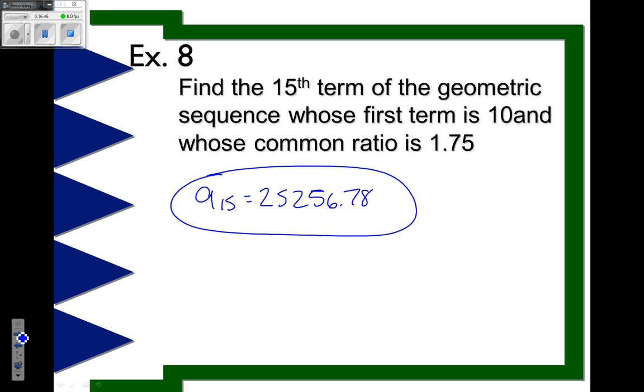You got 10, 1.75. I got 6.5. Is that what you got? Yep. Sorry, this should be 6.5, not 5.6. My dyslexia kind of kicked in. Got 2 numbers backwards. So this is problem number 8.